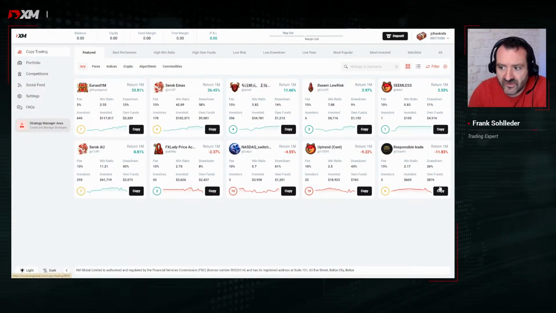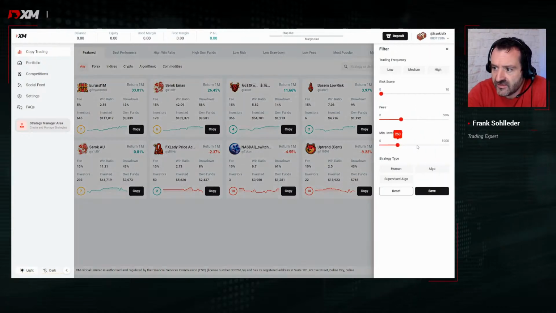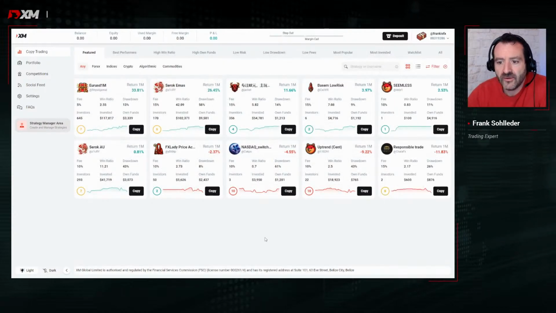You see the fees are, let me check the filter once more. So we have the fees and the minimum investment on 250, right? Yes, exactly. So you see there are not so many strategies that are accepting such a low investment. Usually it's bigger potentially, right?